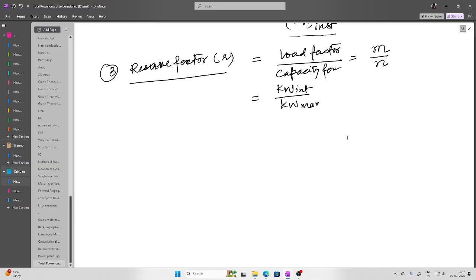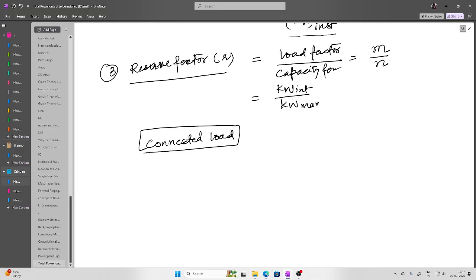So if you add up the total wattage consumption by each and every appliance in your home, that total is what we call the connected load. Total possible load is what is called the connected load.